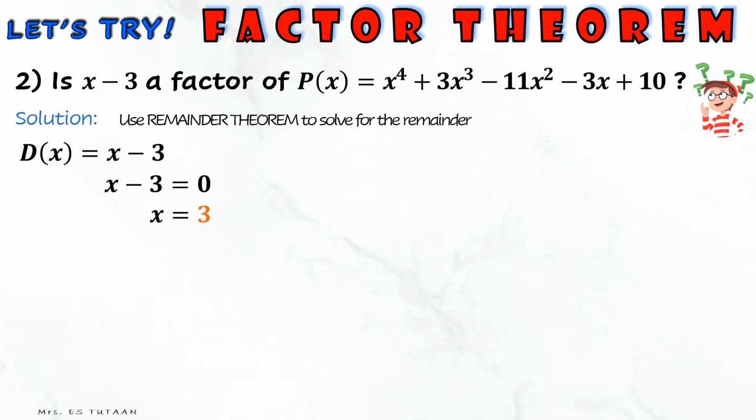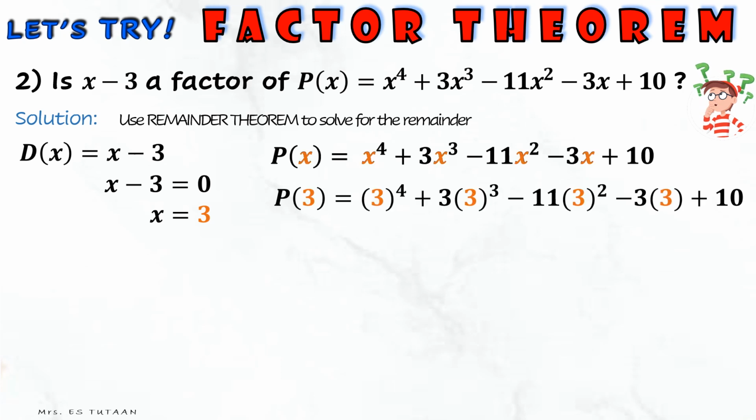We substitute that for all variables x in our p of x. So we will have p of 3 is equal to 3 raised to the 4th plus 3 times 3 cubed minus 11 times 3 squared minus 3 times 3 plus 10. Then we simplify exponents.